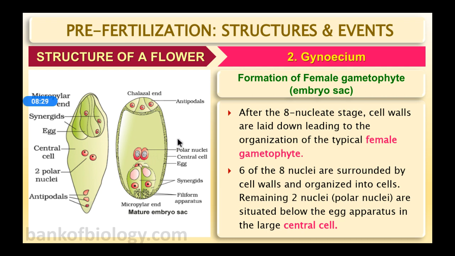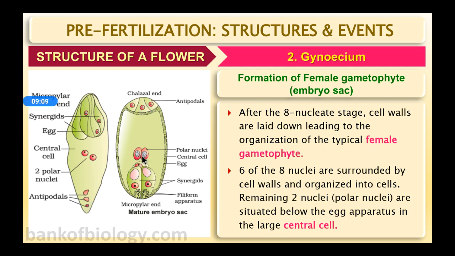If two male gametes enter through the pollen tube, one will fuse with the egg, and one will fuse with the central cell.